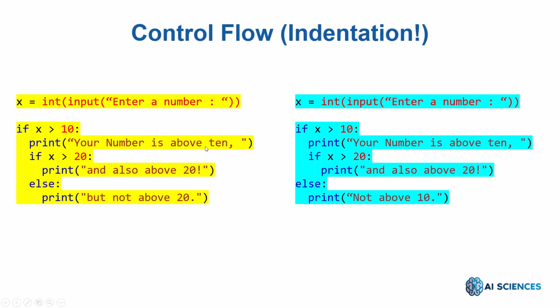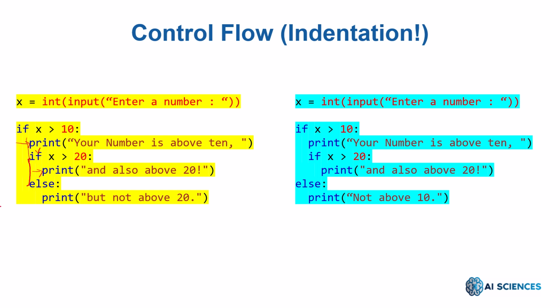Further, it is important to note that indentation is very, very important. The body of the if condition starts from this indented block, and the body of this particular if starts from this indented block. Now, if this else is in the alignment of this if, then this else will be considered with this particular if.